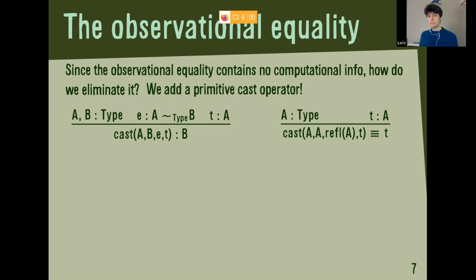And the eliminator that we will use is called the cast operator. Basically, it takes two types, A and B, with a proof that A and B are observationally equal, as well as an inhabitant t of A.